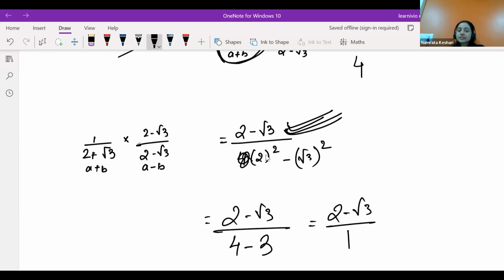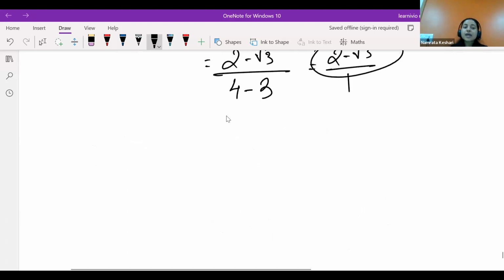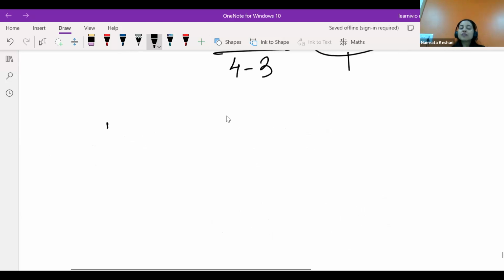Now let's add x and 1 by x. This is the result of 1 by x. We have not done any drastic change, we have just changed the representation. If any time in mathematics you have 1 by 3 and you write 2 by 6, you are not changing anything.